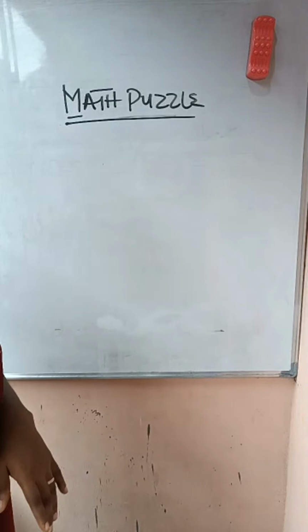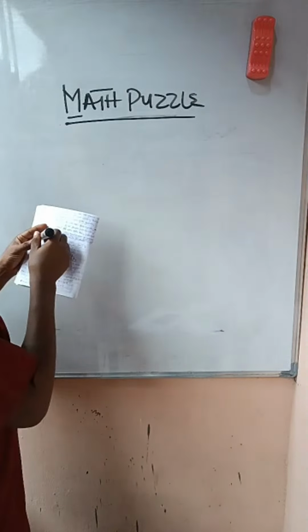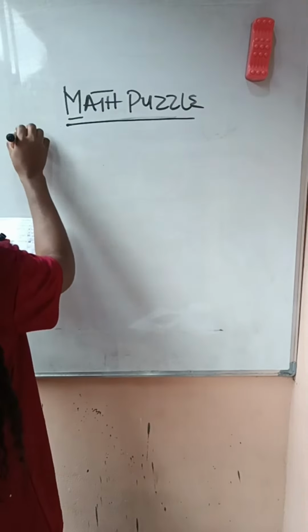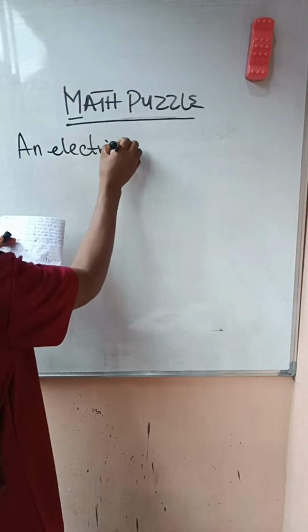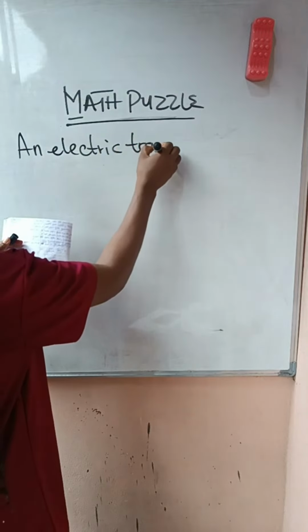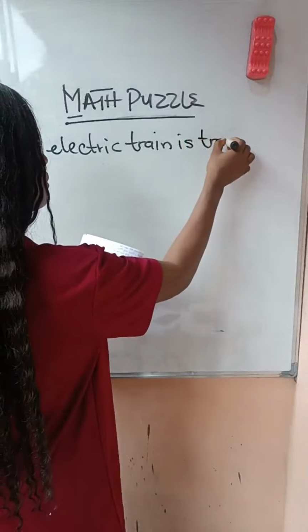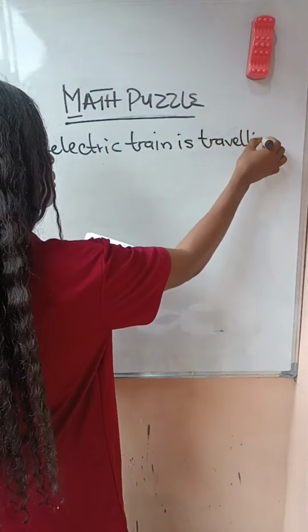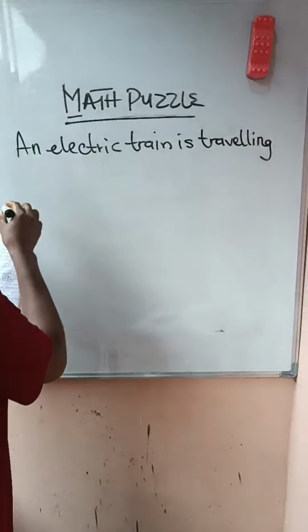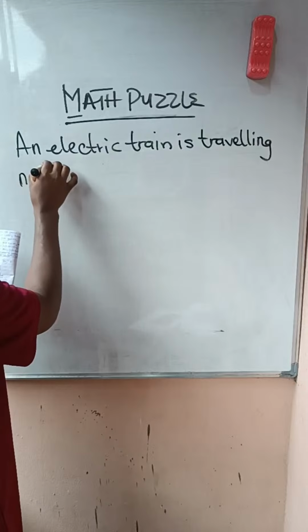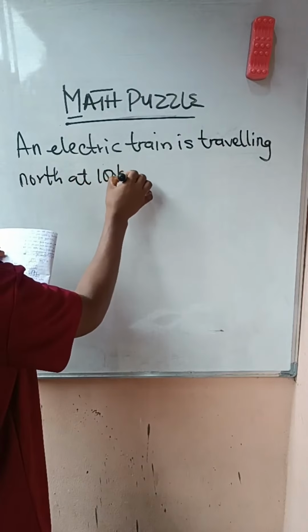Now, the next question. This one says, an electric train is traveling north at 100 kilometers per hour.